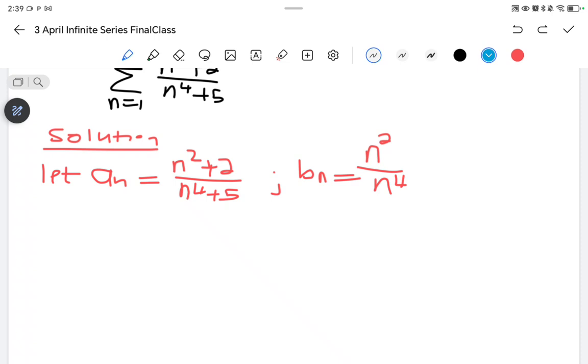That will give us a of n being less than b of n. So now we can reduce it to this, and this will be 1 over n squared.